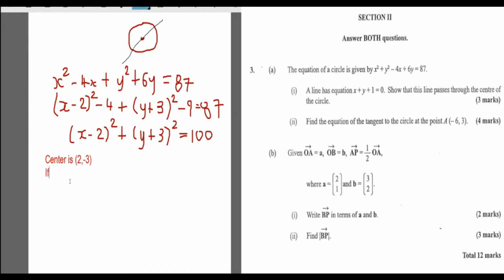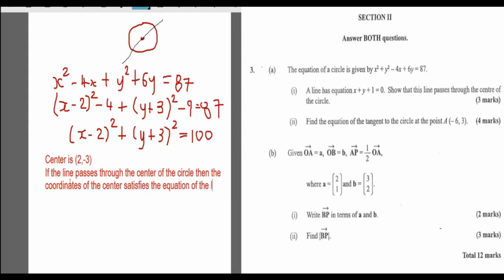If the line passes through the center of the circle, then the coordinates of the center satisfy the equation of the line. All right, so let's test it out.